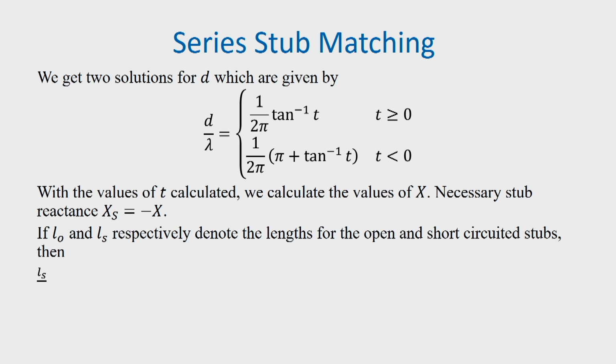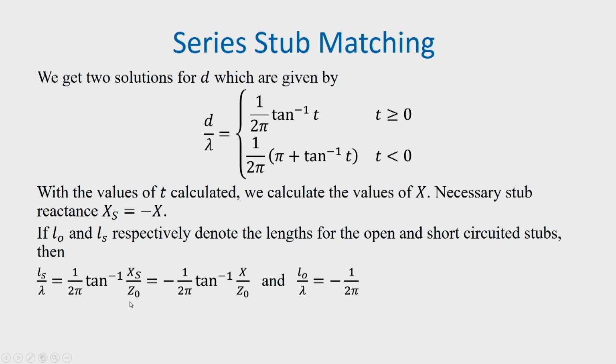So, we can find out Ls by lambda is equal to 1 by 2 pi tan inverse xs by z, and we know that xs is equal to minus x. So, once we substitute minus x here, we get minus 1 by 2 pi tan inverse x by z naught.